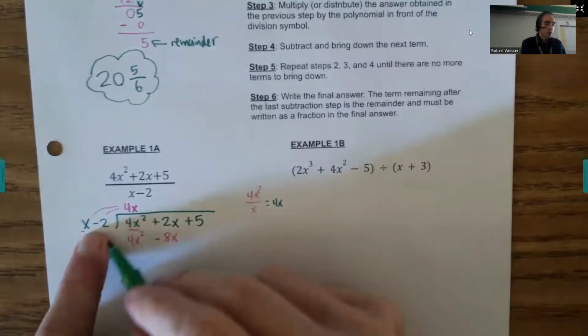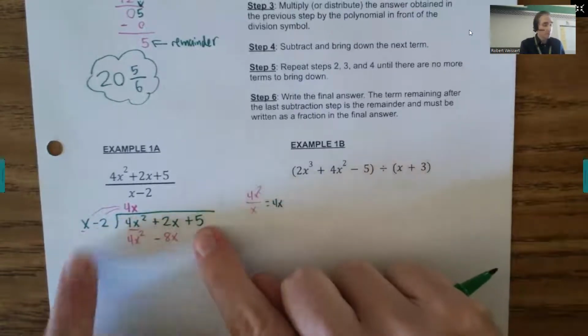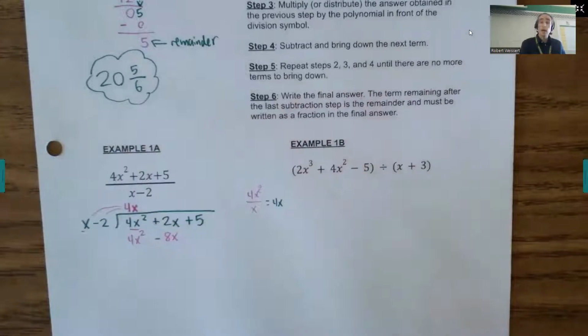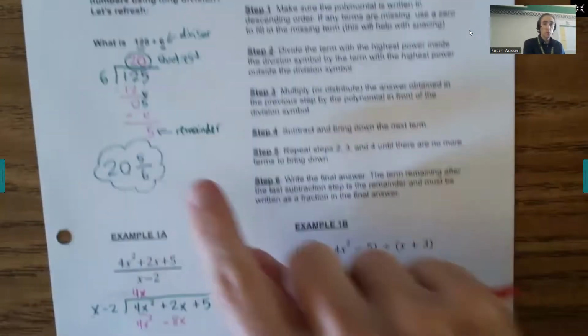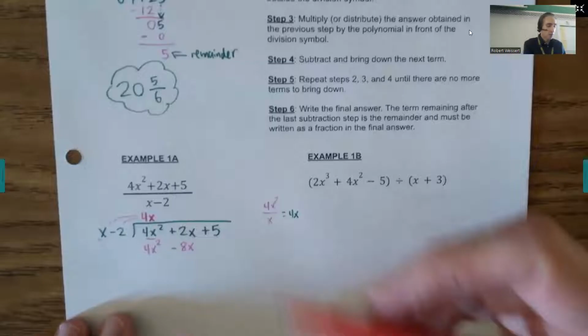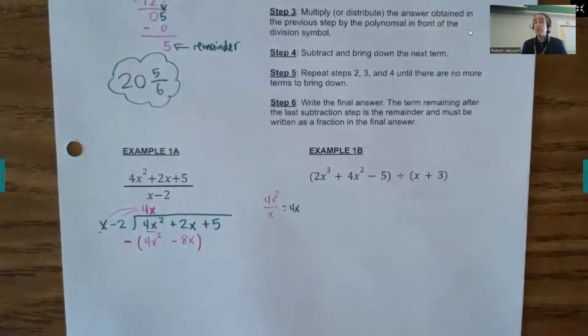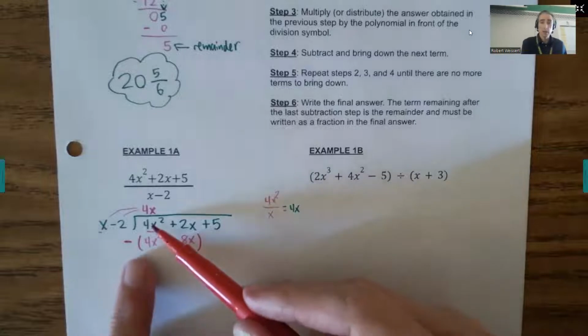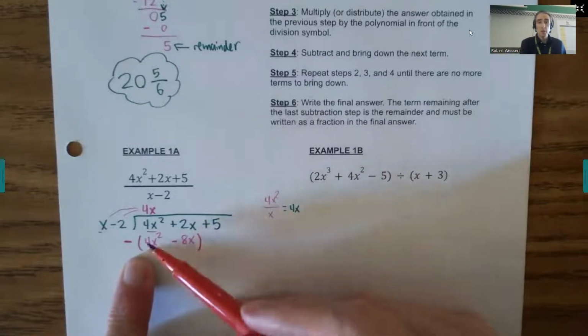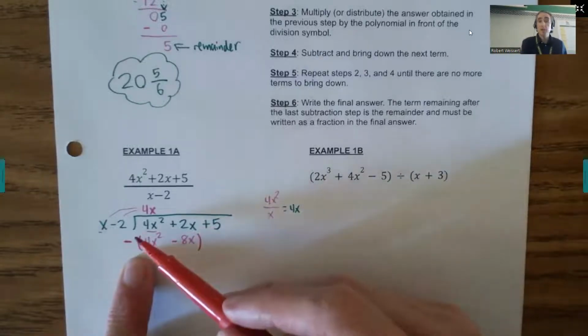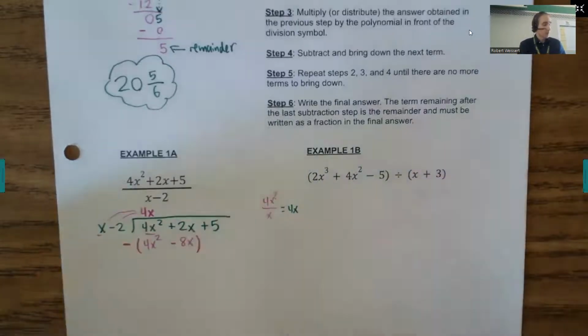I don't have a third term, so notice there's just nothing under here. After that, we follow the same rule as before and subtract down. When I subtract down, you're actually subtracting all the terms that are down here, so that negative is going to flip all the signs.